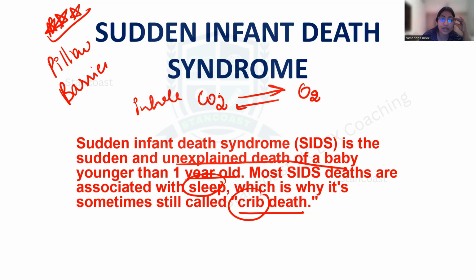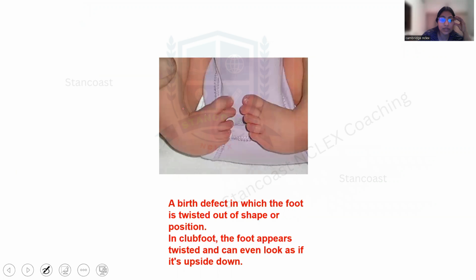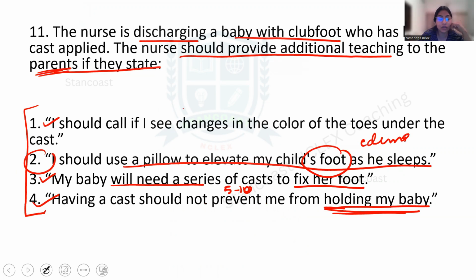So the baby inhales his or her own carbon dioxide. This leads to an increased CO2 level in the body. Okay, and this leads to sudden infant death syndrome due to sleep apnea. So using a pillow in the crib of the baby is not recommended. So option 2, if stated by the parents, needs additional teaching.